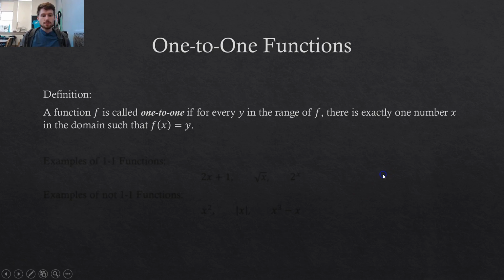So here's our definition for one-to-one. A function f is called one-to-one if for every y that's in the range, there's exactly one x in the domain where f of x gets you y.